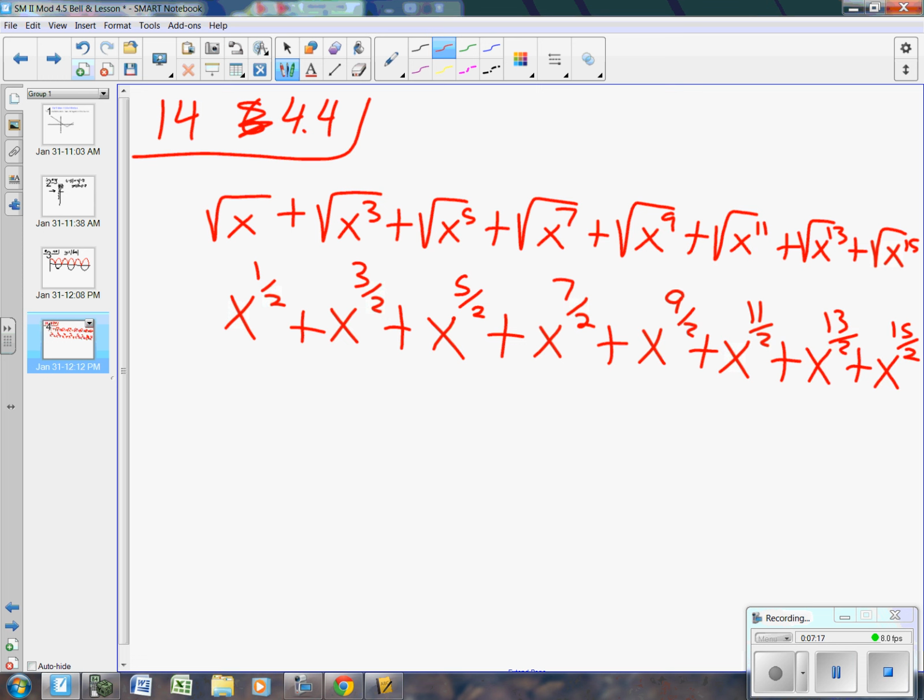Well, here's the deal. All of these, where the top number of the fraction is bigger than the bottom number, you can divide those into it. So we can do this. We have x to the 1/2 plus x to the 2/2 times x to the 1/2, right? Plus x to the 4/2 times x to the 1/2 plus x to the what?